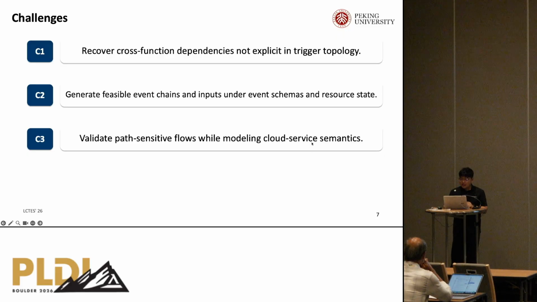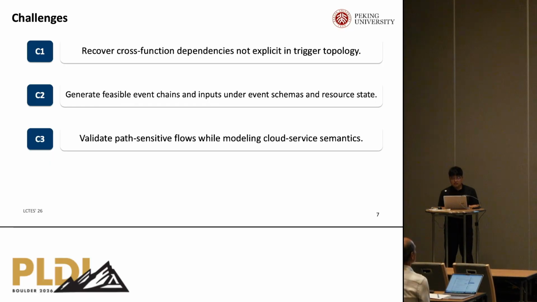To analyze both architectural reachability and semantic feasibility together, we formulate three challenges. First, we must recover cross-function dependencies that are not explicitly declared as trigger edges, especially dependencies mediated by shared resources.